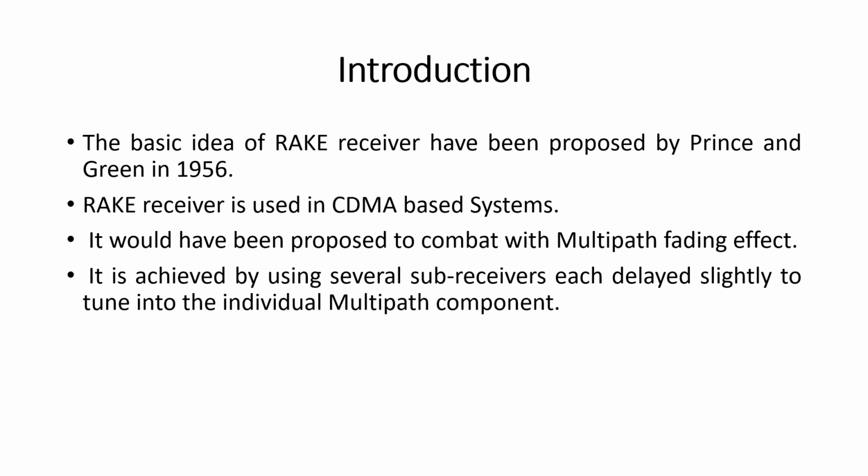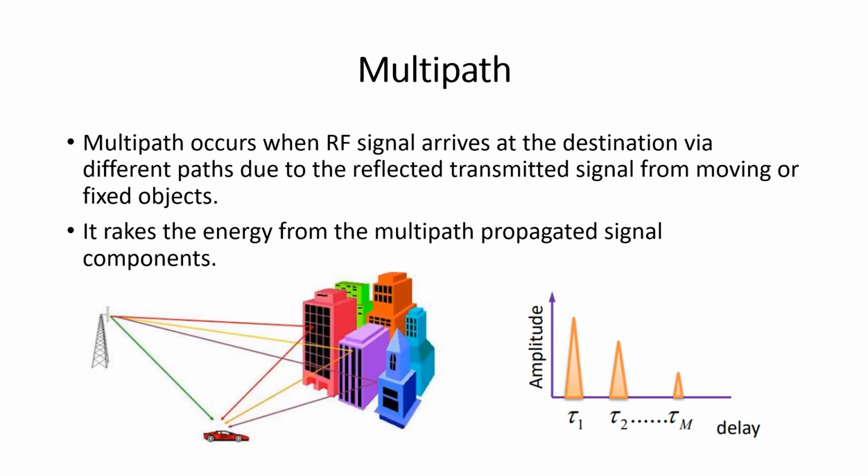Since these multipath components are arriving from different paths, obviously the time at which they reach the receiver will be different. So we just have to use these several sub-receivers, which are tuned to slightly delayed multipath components. About this multipath component, we will be seeing in upcoming slides. For now, just remember this.